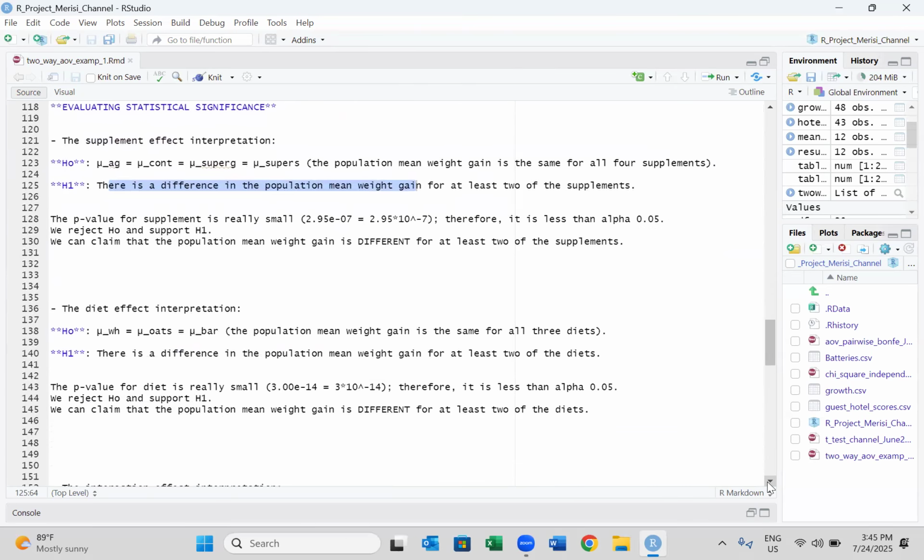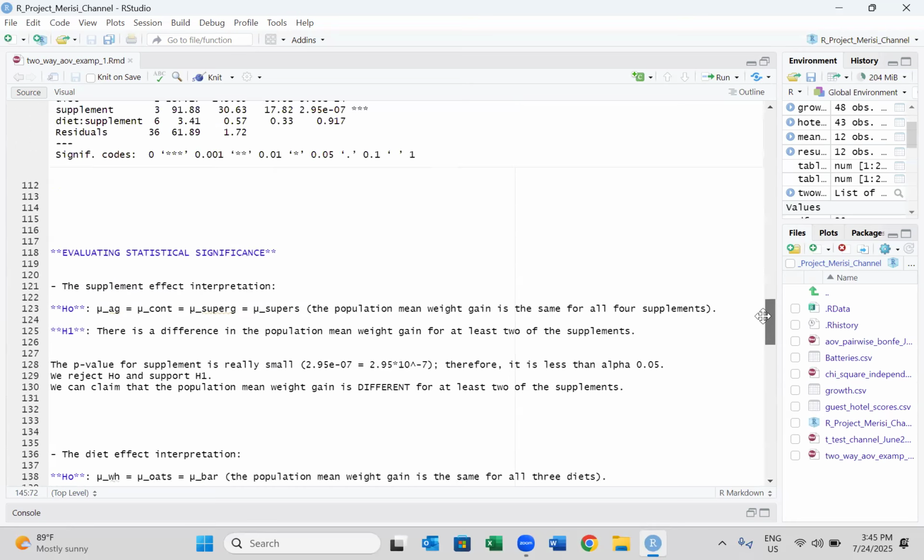So p-value less than alpha, we reject H0 and support HA, or H1. And remember that this is scientific notation, so this is a really, really tiny p-value. So for diet, we can also claim that the population mean weight gain is different for at least 2 diets. So both diets and supplements have a significant effect on weight gain, but the interaction is not significant.